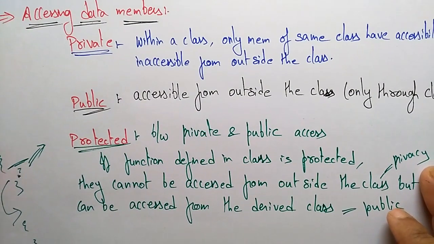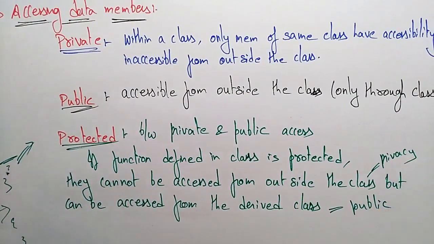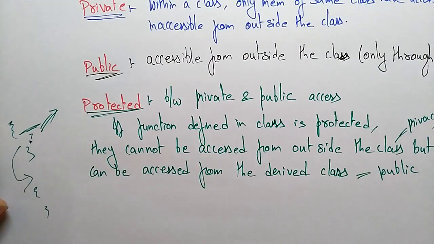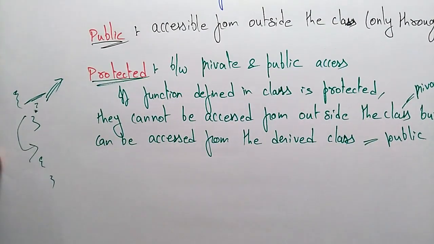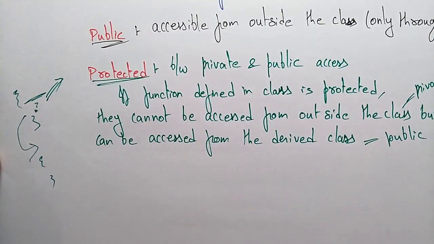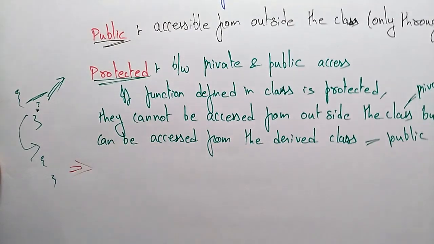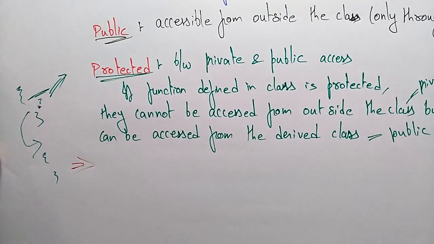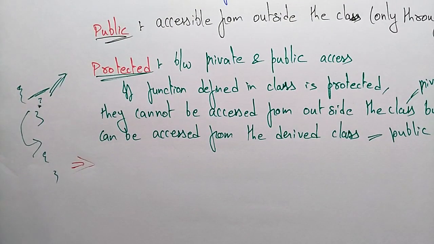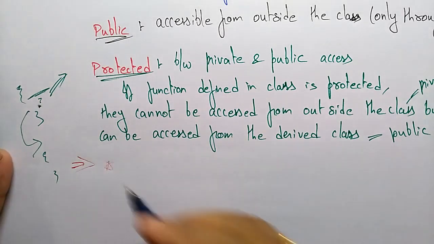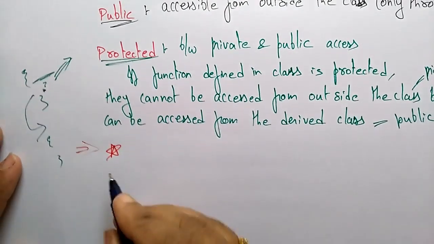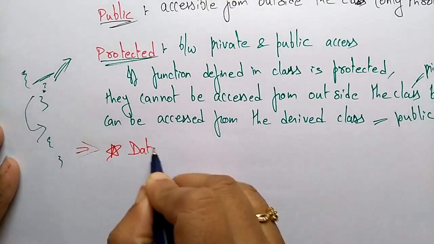Normally, according to the rules of data abstraction and information hiding, the points you have to note are these.